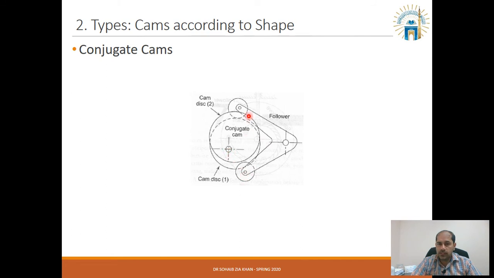Once this disc moves upward, it will switch this on. Once it moves downward, it will switch this off. So this follower can be attached with any electrical circuit to make it on and off and perform the specific function. The follower can be in a position once it touches disc 1 or disc 2 of the cam.